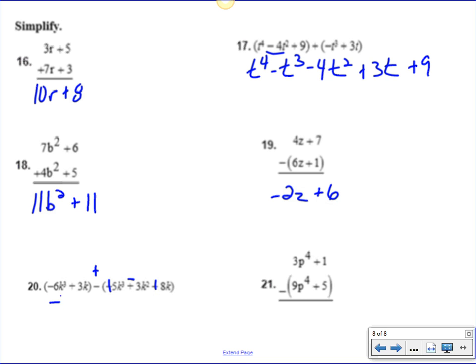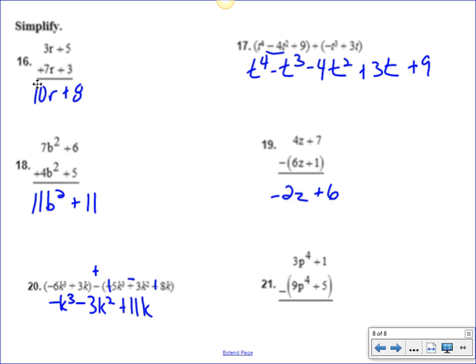I'd have a negative 1 k to the third, or just a negative k to the third. Do I have any k squareds? Yes. And I change that to a negative, so that's a negative 3k squared. And then you look at k's, I have 2 of them. I've got a 3k and then a plus an 8k, so that would be 11k. And then do I have any constant terms? And no. So that would be my answer in standard form.